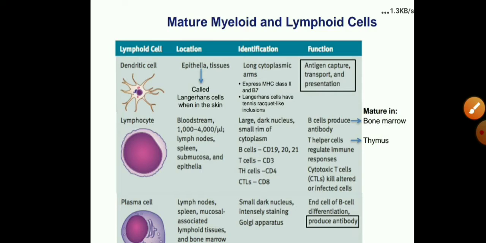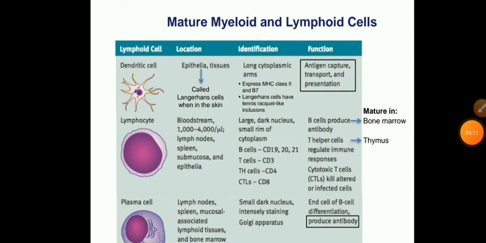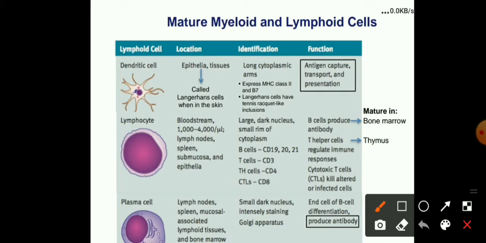Now we have the mature myeloid and lymphoid cells. Let's get to know about the mature myeloid cells. Dendritic cells are found in epithelial tissues, and when dendritic cells are found in epithelia, they are called Langerhans cells.